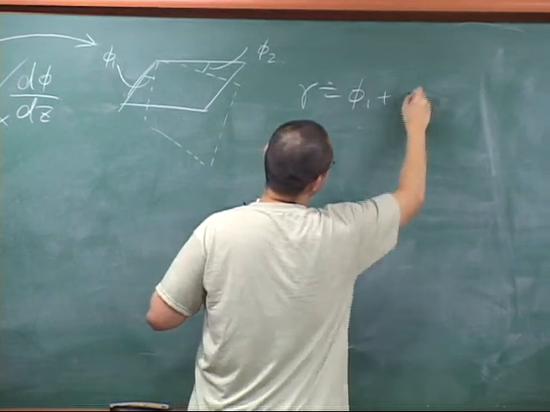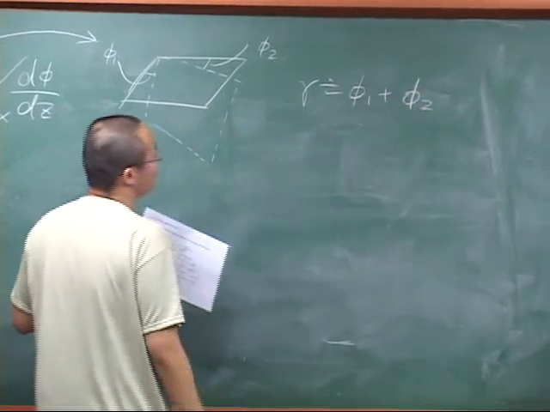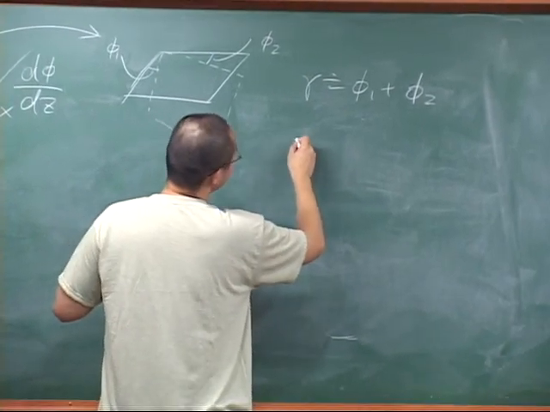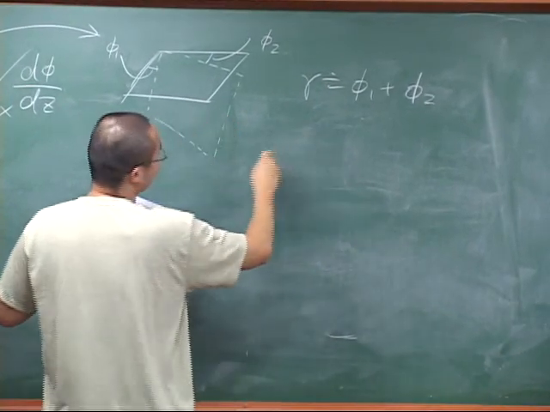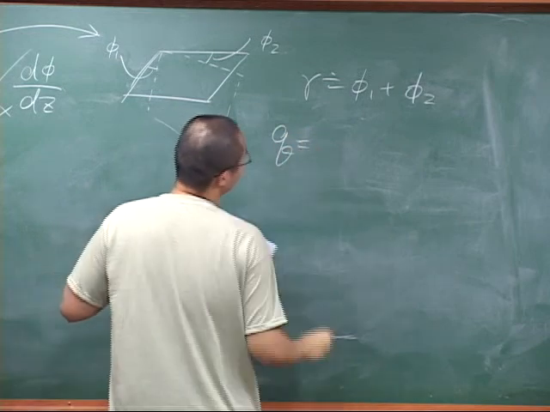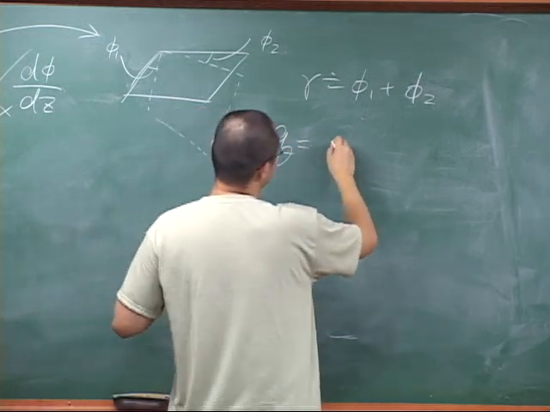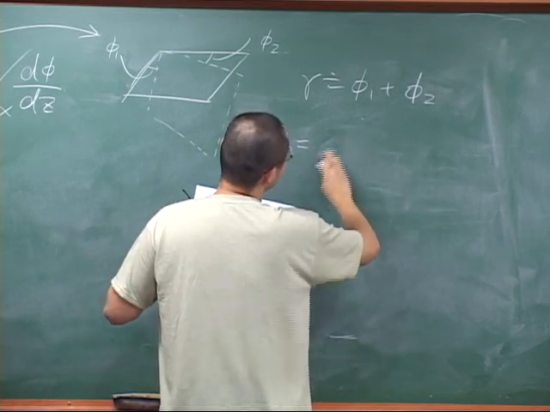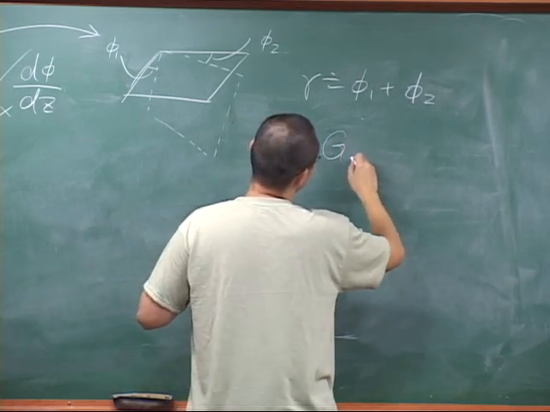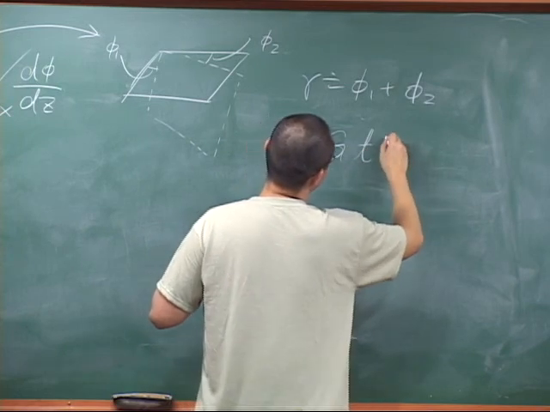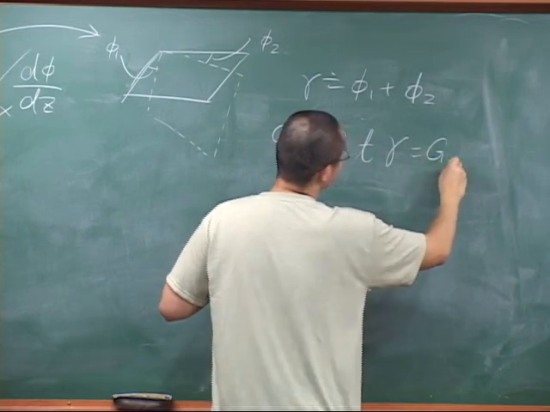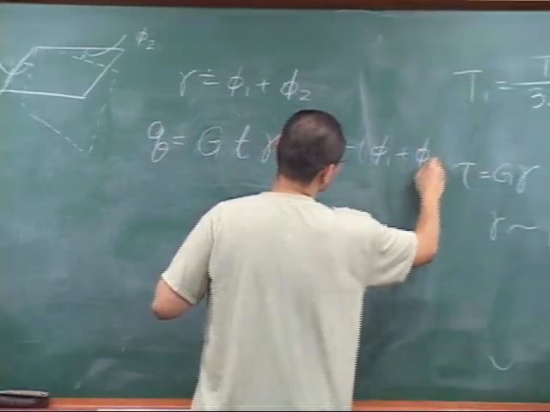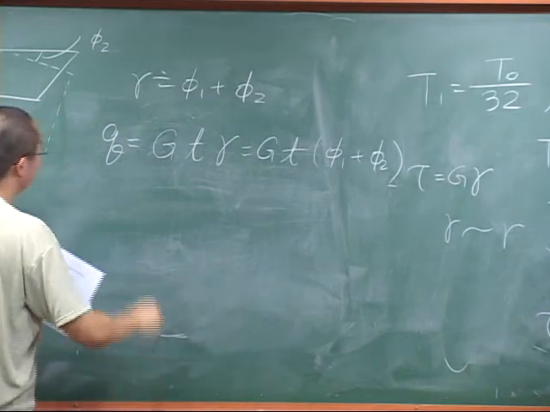And the shear flow is q equal to shear stress times thickness, times gamma. And what is phi 1?